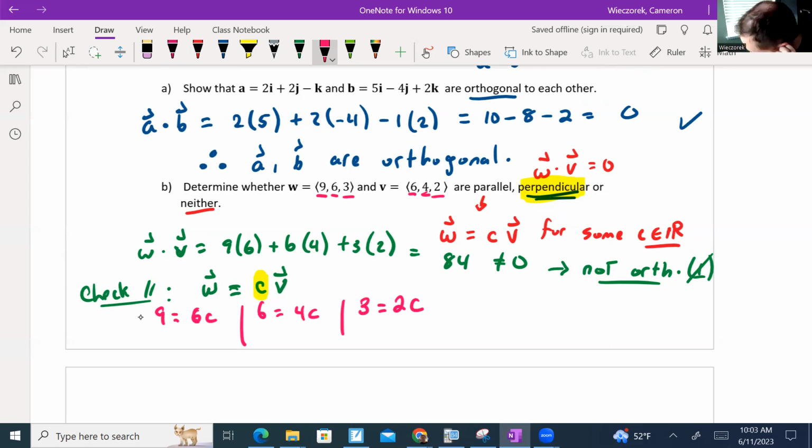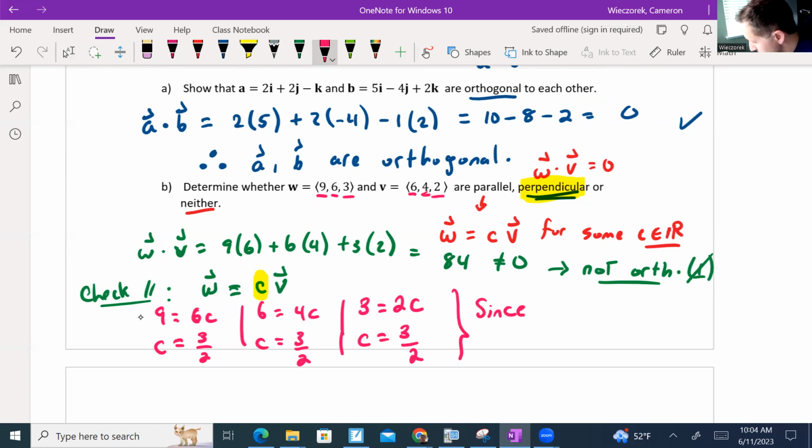So in the first one, I get C equals 9 over 6. Yeah, so in this case, I would get 3/2. In the second case, 6/4, I would get 3/2. And in the third case, I would get 3 over 2. I would get 3/2. Okay. So I get the same scalar for each one.